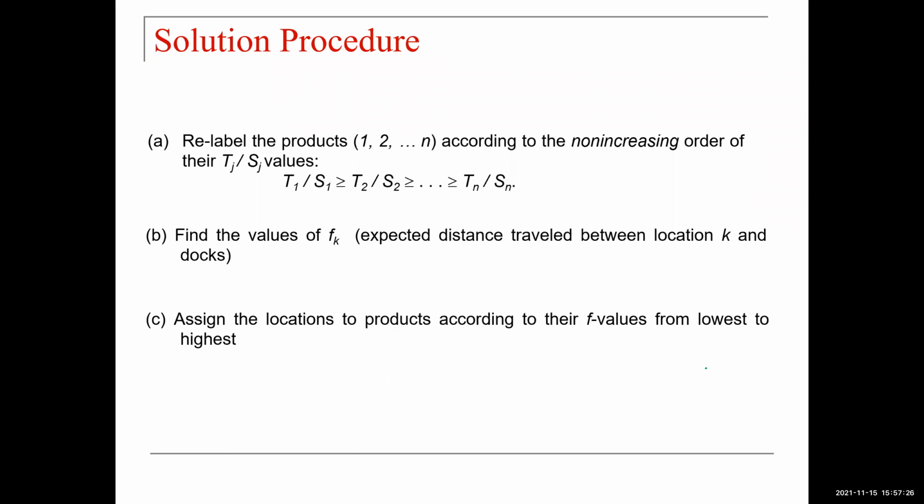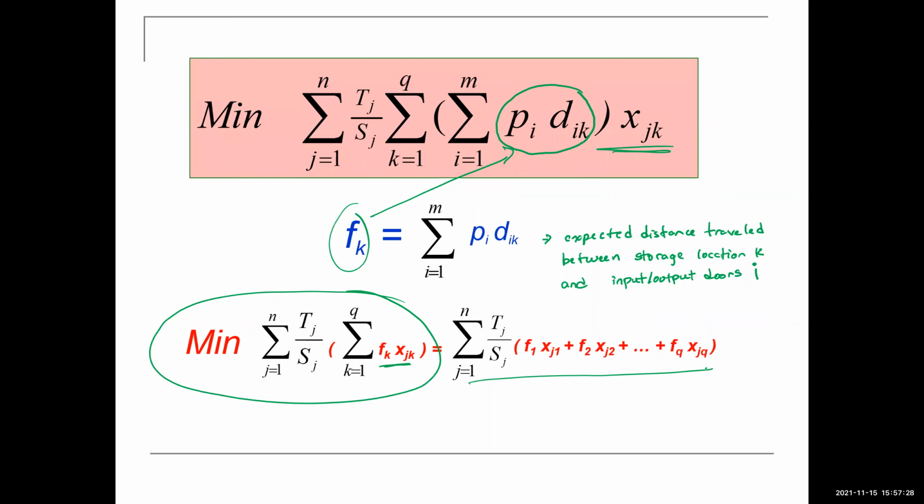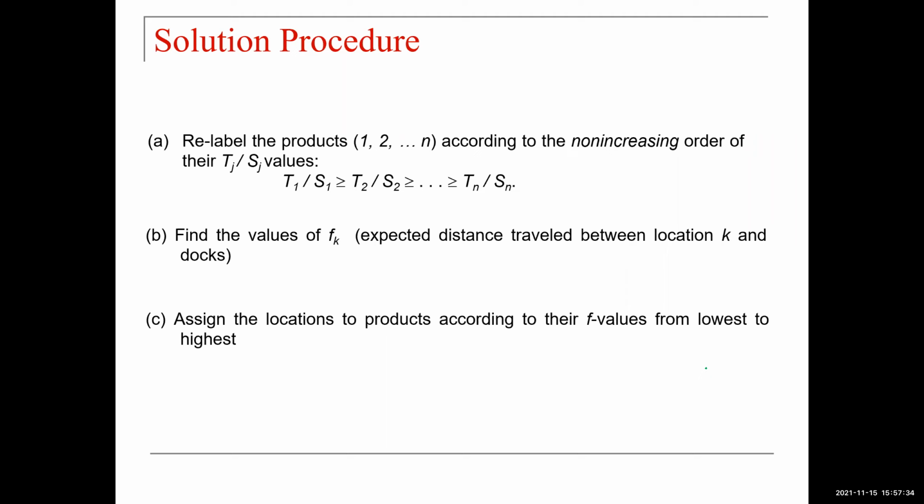So the solution procedure, basically, we're going to use this result to establish our algorithm, which is summarized in this slide. Our first step is to relabel the products 1, 2, up to n according to the non-increasing order of their Tj over Sj values.